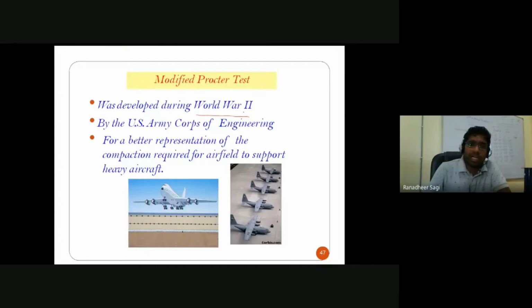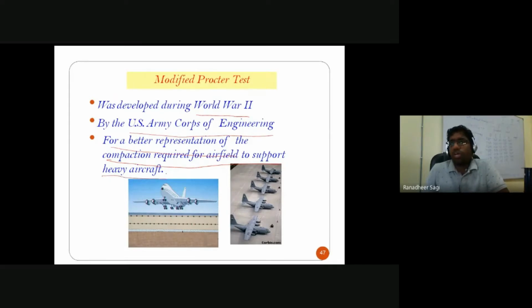During that time, the US Army Corps of Engineers modified the compaction test given by Proctor, which is later referred to as the modified Proctor test. This test is a better representation of the compaction required for an airfield to support heavy aircraft.